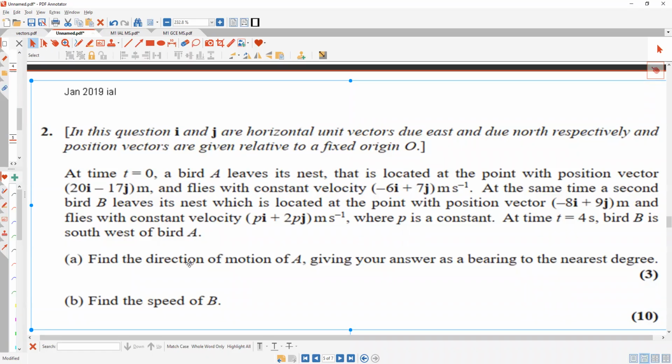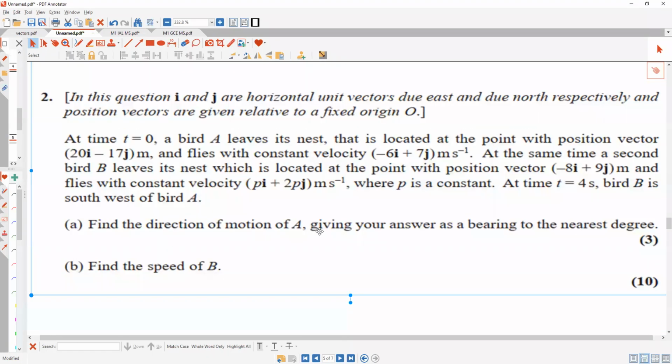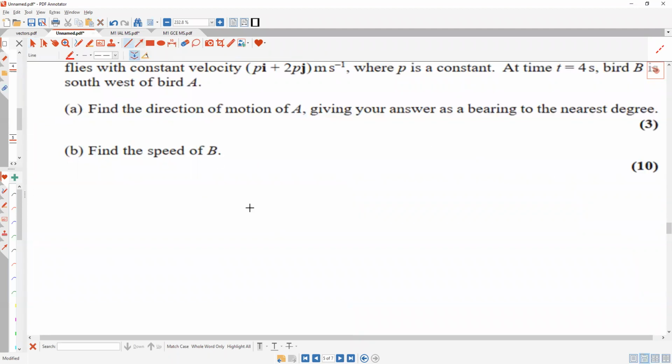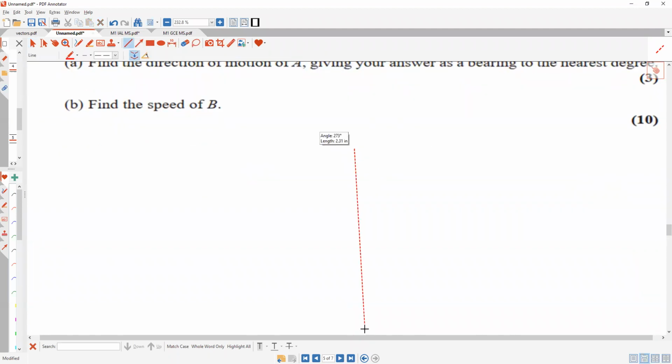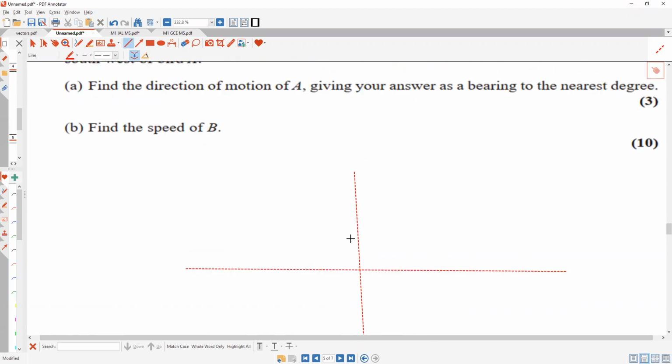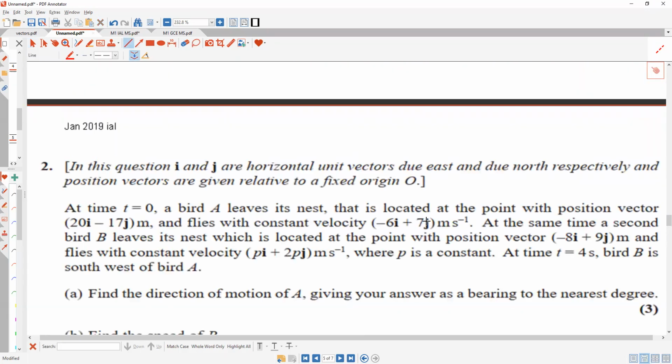That's an advantage. Good. First they said find the direction of the motion of A, giving your answer as the bearing. Remember, whenever there is a bearing, see the velocity, that is the direction. So what is the velocity of A here? Minus 6i plus 7j.